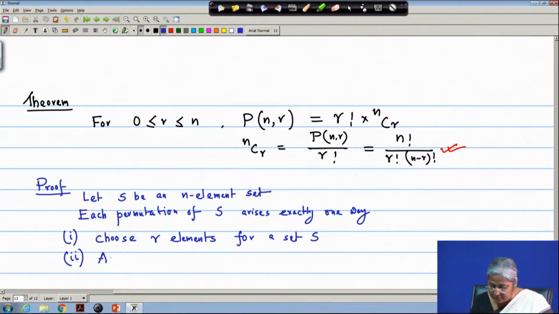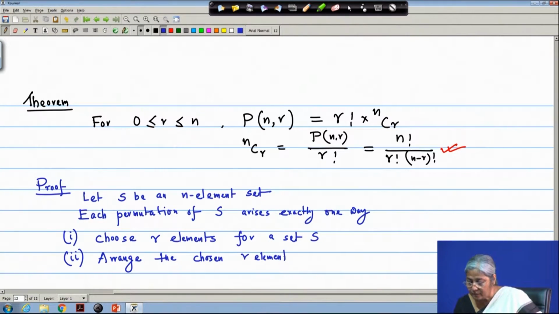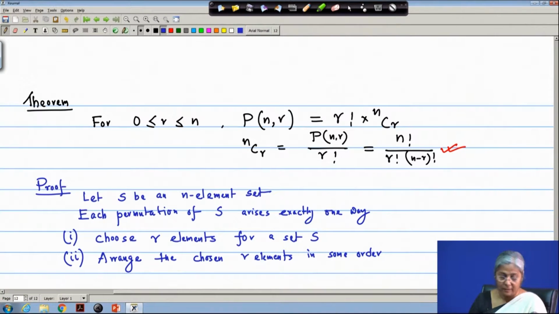So, I can write: arrange the chosen R elements in some order. So, from the definition of permutation, I can write this.